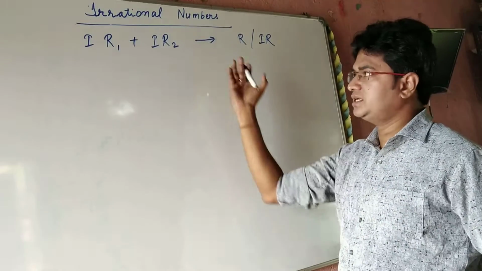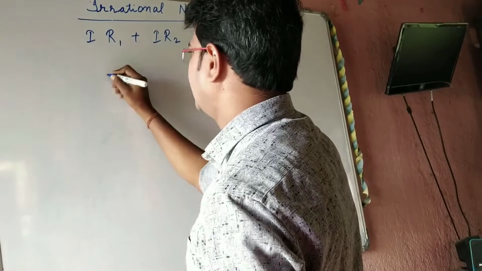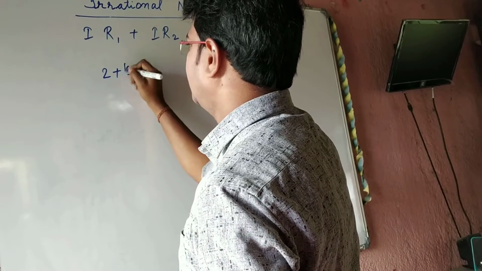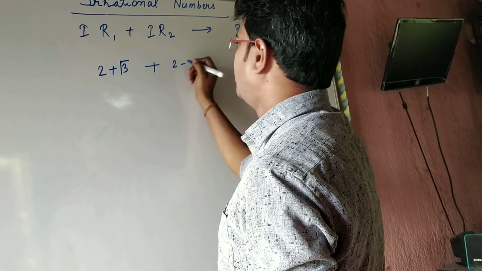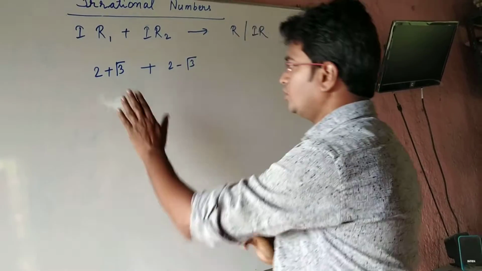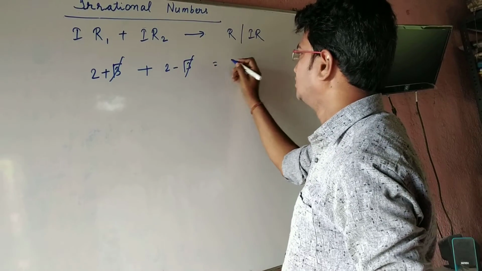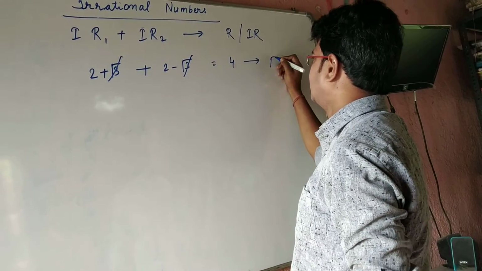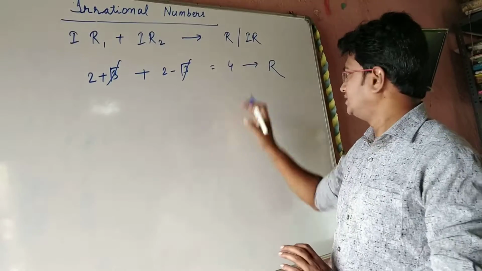If suppose that the example is asked: 2 plus root 3, this is first number, 2 minus root 3, this is second number. If we are adding both the numbers, root 3 will get cancelled, 2 plus 2 is 4. It is a rational number.